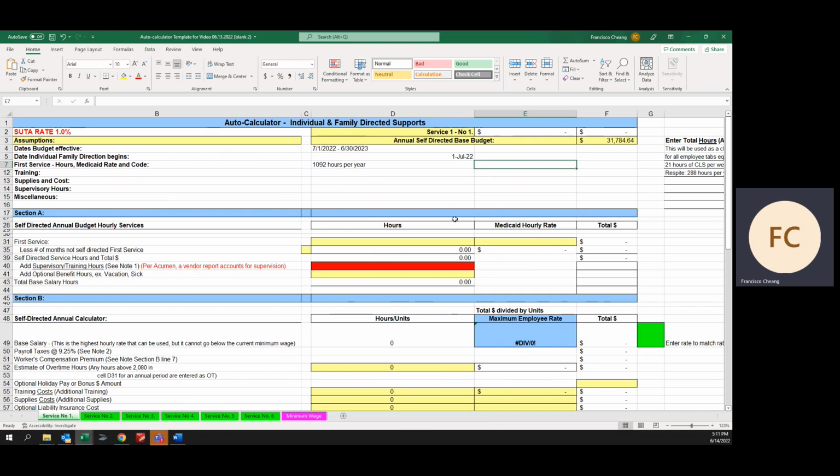For this particular example, the unit for community living and supports, the 15-minute unit, is $6.14. So we're going to plug that into our handy calculator, and that is going to give us $24.56 for the hourly rate.